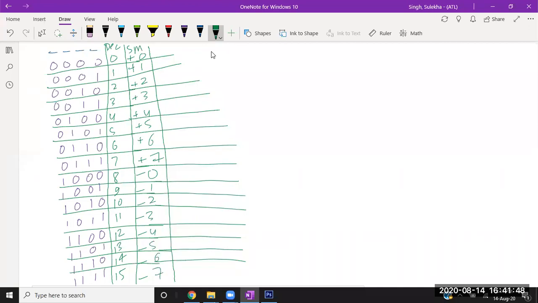After writing this table, you can see clearly that there are two zeros, one is plus 0 and another is minus 0. Suppose you are writing some code and instructing the machine about 0, and in most cases 0 is the most used value.